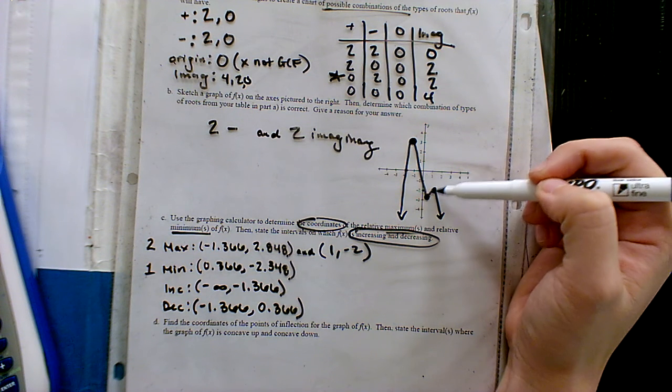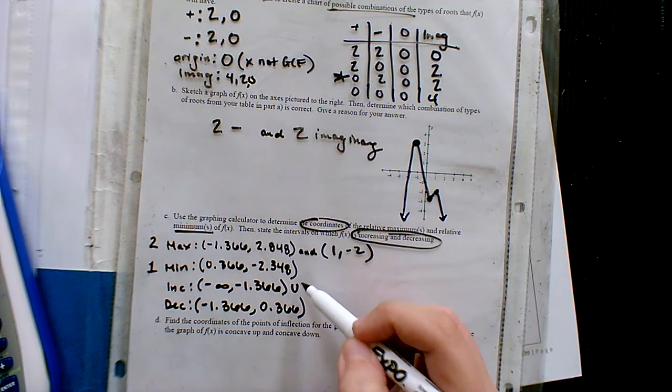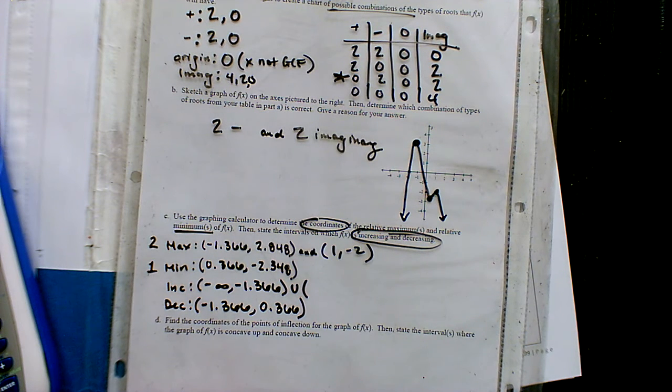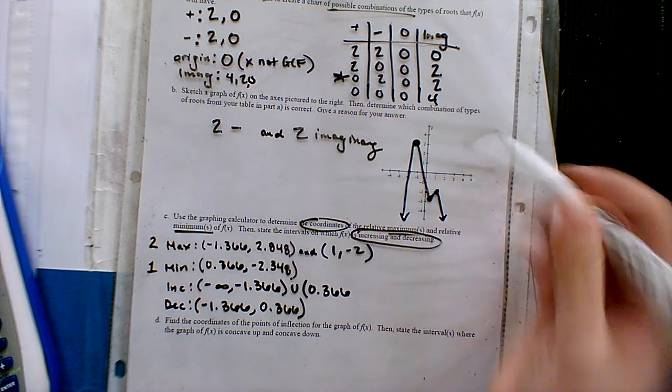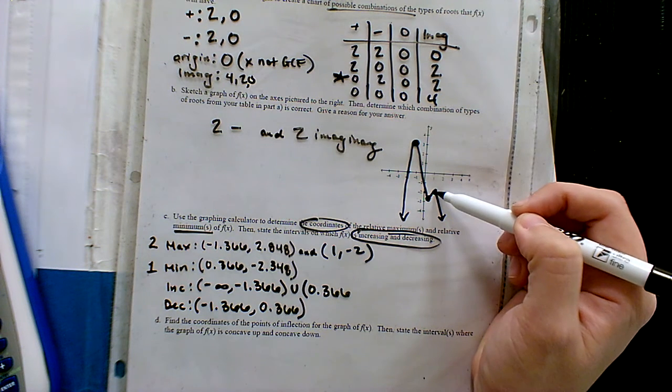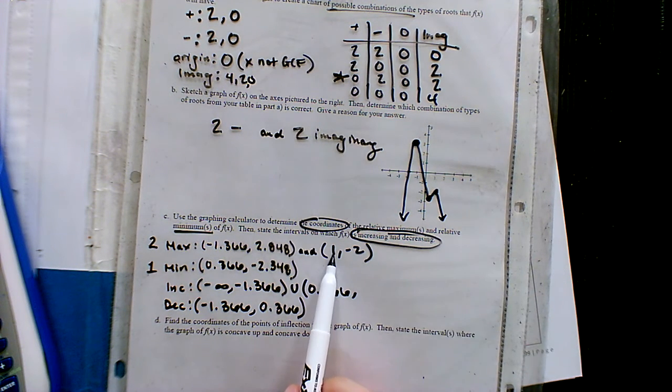If we continue to trace, we're briefly increasing between min and max. So we'll throw in a U for the increasing intervals. So we'll go from 0.366, which was the minimum location, to the last max location, which we said was 1.